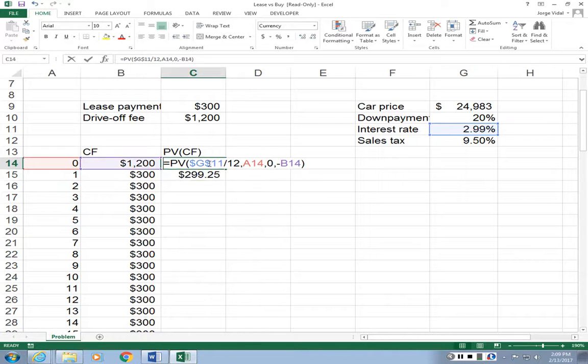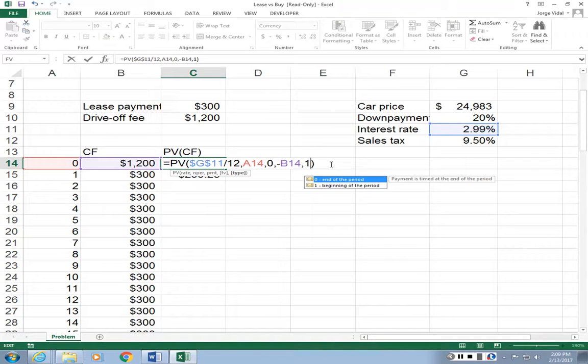It's the same one. I'm going to put the 1. And I'll do it here in a second, but add a comment to the cell with that 1, because you make the lease payments at the beginning of the period. So you remember why there's a 1 in there. Okay.